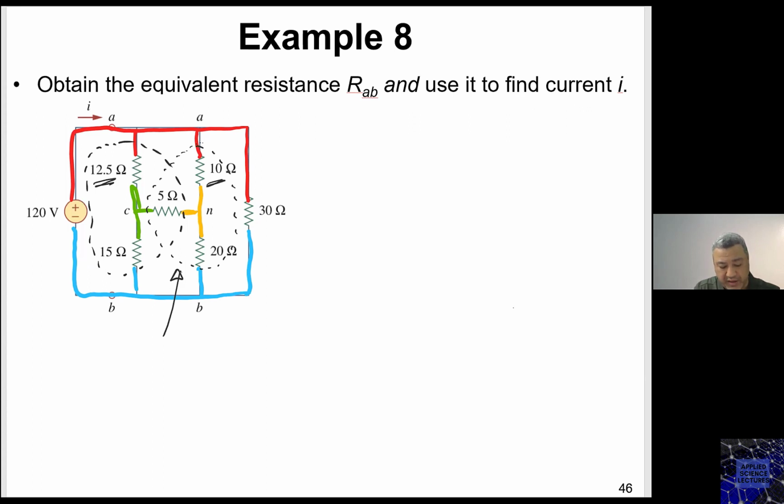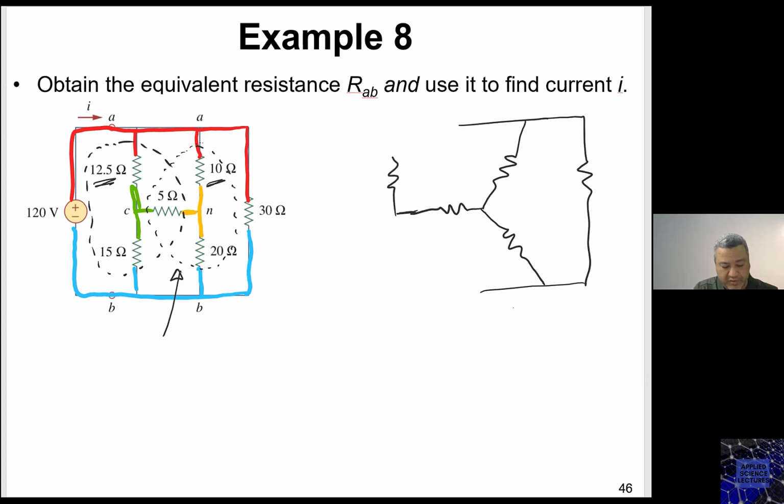You don't have to do that, but as long as you're doing it for the first time, probably it's worth doing it as long as you understand how to do it. So what I'm going to do is tilt this one a bit just to make it look like a Y to me. So when I put my delta, it would look easier.